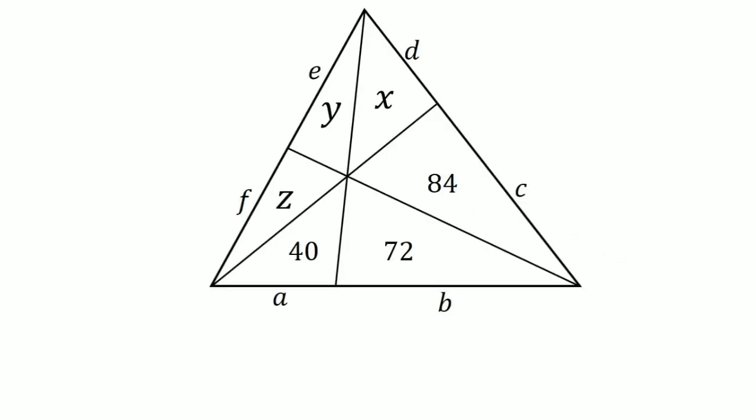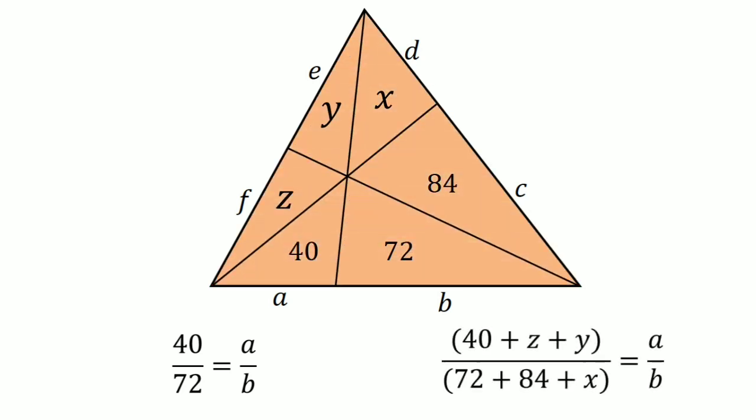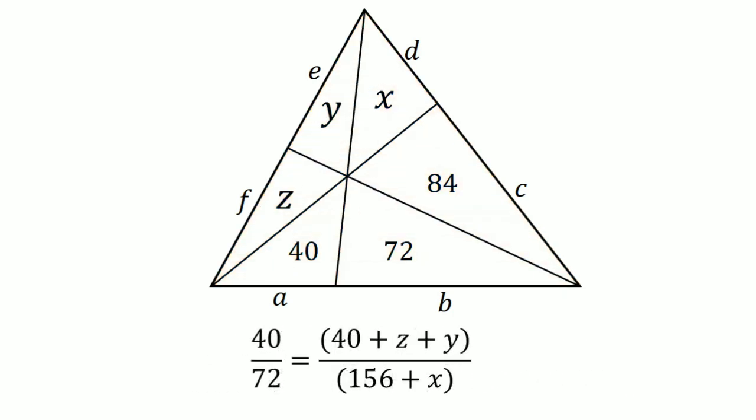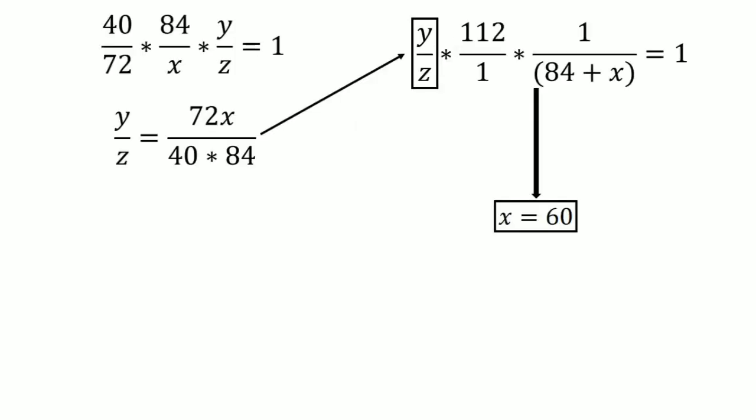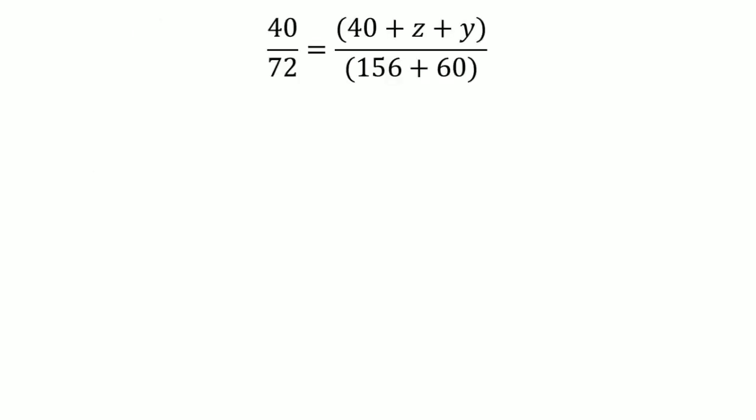Now looking at this triangle, we have 40 divided by 72 is equal to A divided by B, and looking at our whole triangle, we can say 40 plus z plus y divided by 72 plus 84 plus x, which is 60, is equal to A divided by B. So fusing these two equations, we have this, and we put x equal to 60 that we found previously, so we have this, and using this value of y divided by z, we have y divided by z is equal to this.